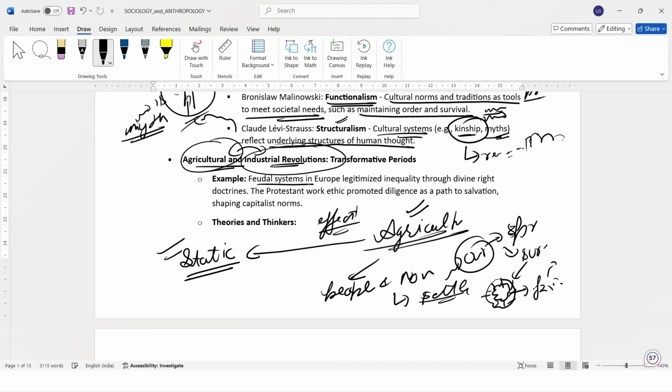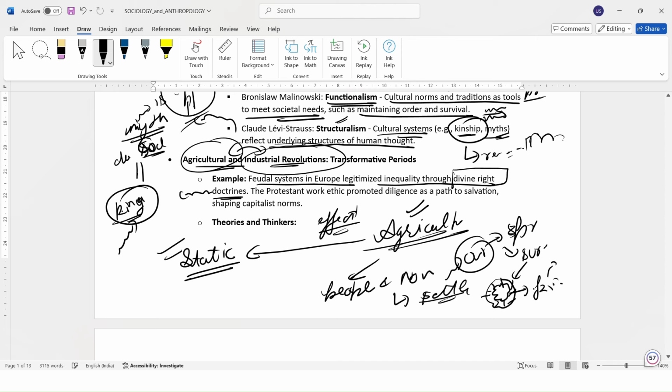For example, feudal systems in Europe legitimized inequality through divine right doctrines. What this basically means is that when kingdoms came, you wanted everybody to follow the king, and the king at that point of time was not elected. So as kingdoms developed, there was a theory known as the divine right theory, which said that the king has been sent by God, a messenger of God, things like Devanampiya, or beloved of the gods.